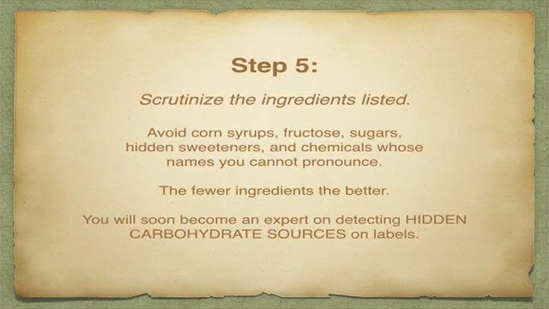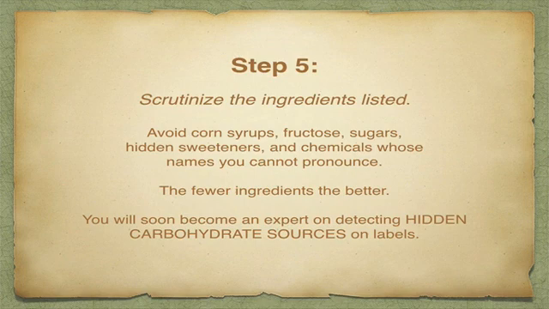Step number 5, you want to scrutinize the ingredients that are listed on that label. If something contains corn syrups, fructose, sugars, hidden sweeteners that come in various long chemical names, or chemicals whose names you cannot pronounce, if there's a lengthy ingredient list, it's usually something that is not good for you, that has a lot of processing.